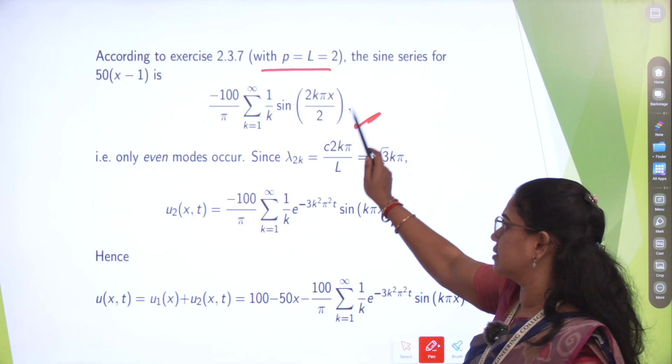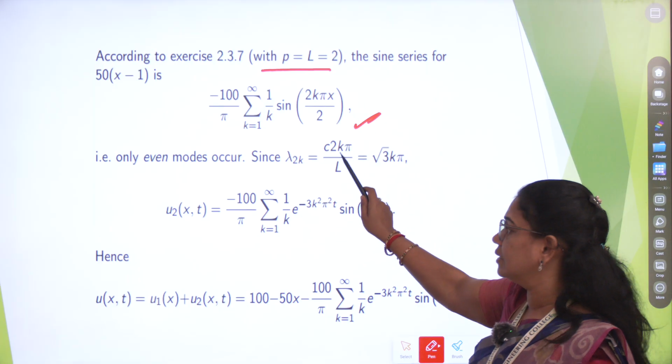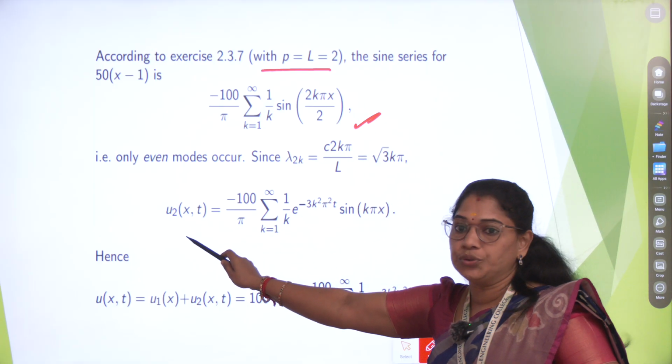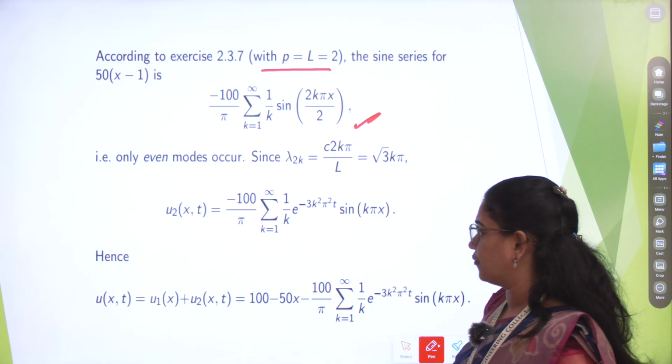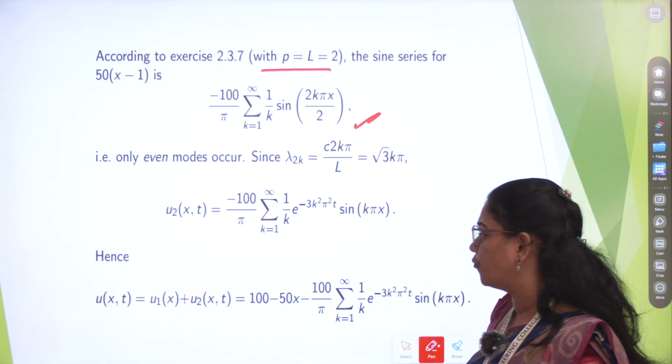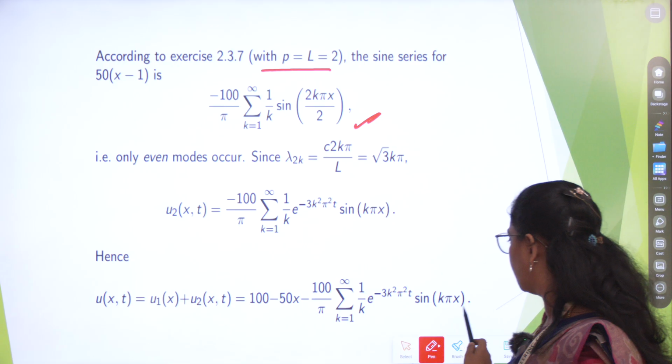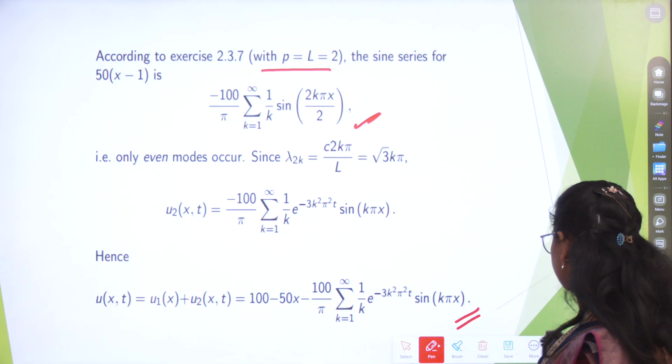Next, apply the condition of u2 of x comma t. Then finally we get the value of u of x comma t equal to this value.